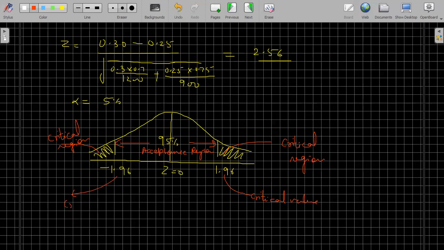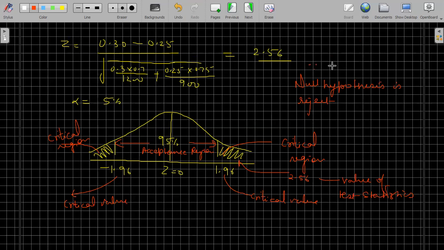This is the critical value. और यहाँ कहीं टेस्ट स्टैटिस्टिक्स की वैल्यू फॉल हो रही है. वैल्यू ऑफ टेस्ट स्टैटिस्टिक्स. इसलिए null hypothesis is rejected.